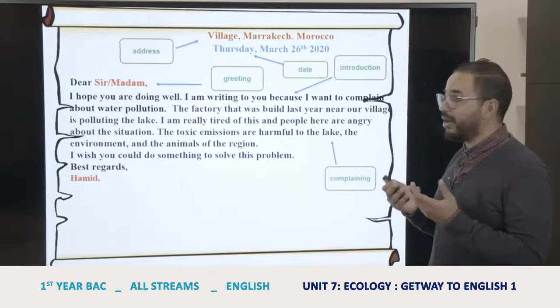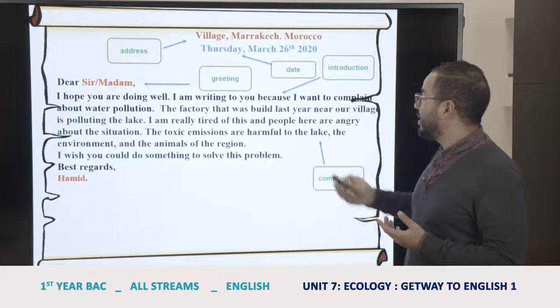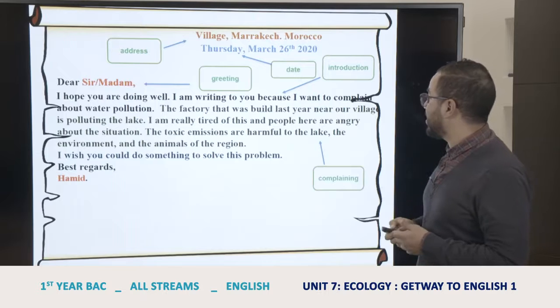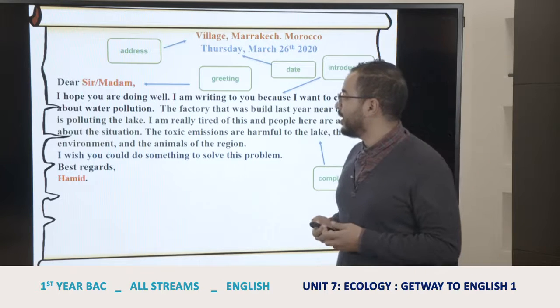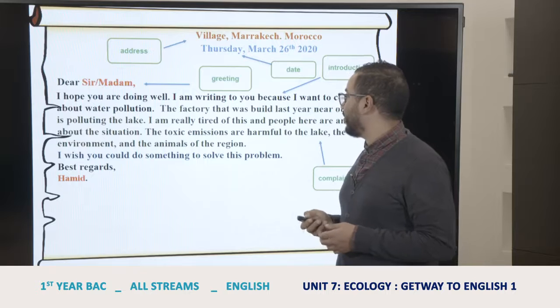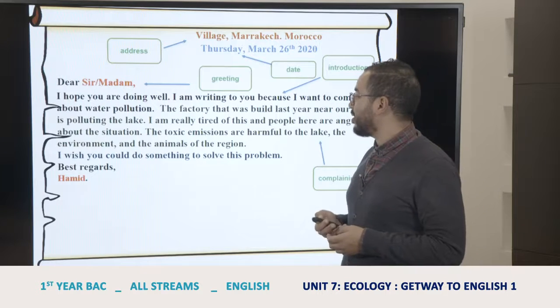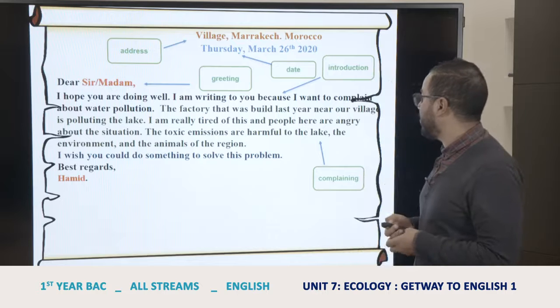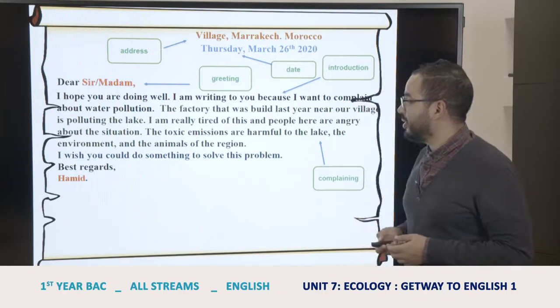And then here, because we are complaining, we can use the complaint. The factory that was built last year near our village is polluting the lake. I am really tired of this, and people here are angry about the situation. The toxic emissions are harmful to the lake, the environment, and animals of the region.